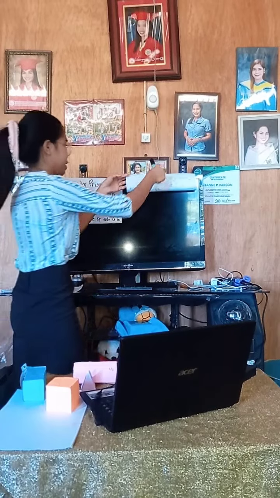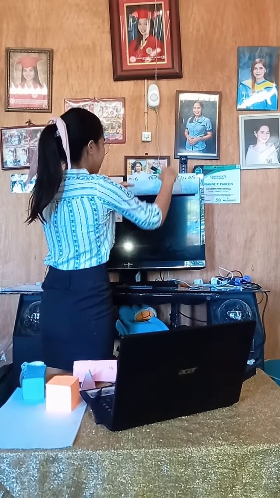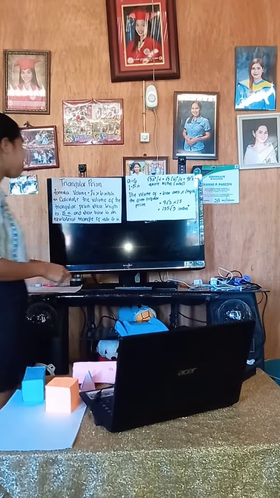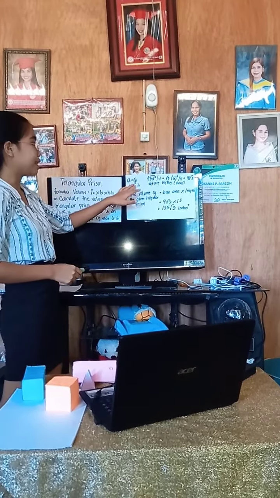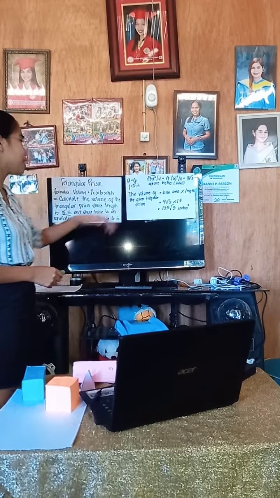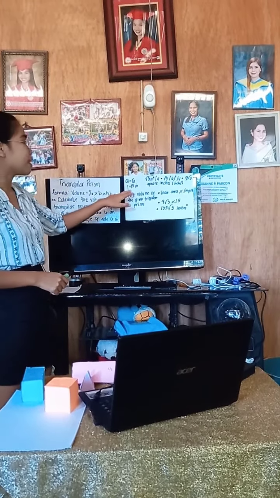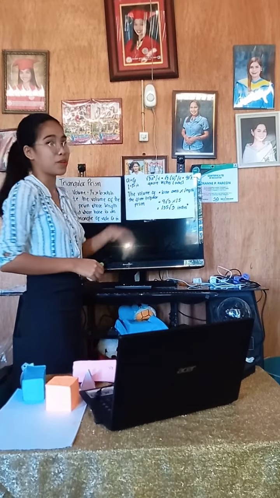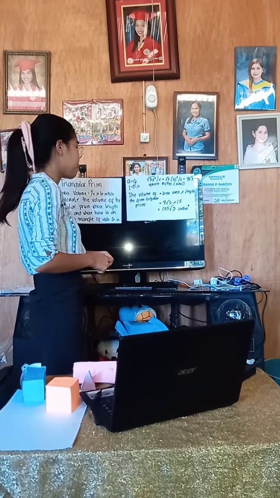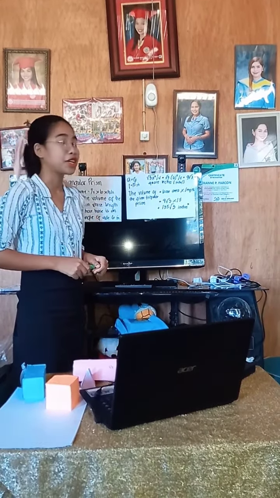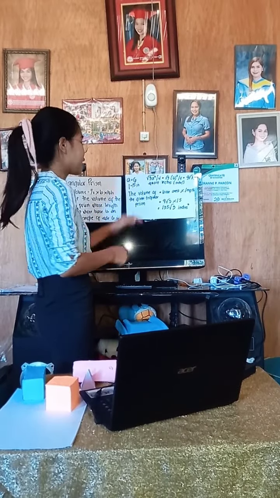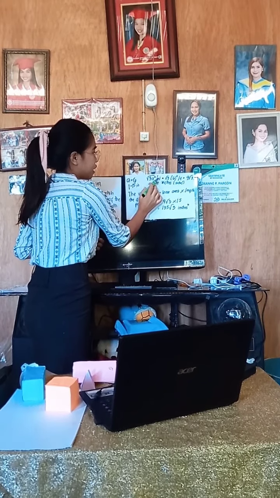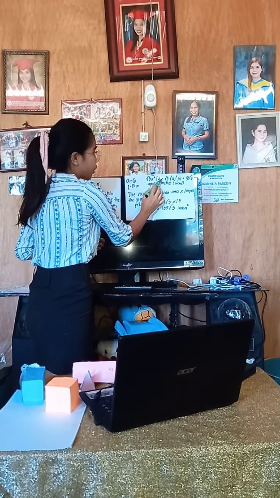So here the solution is: for our a, we have 6 inches, and for the length, 15 inches. The formula to get the base area, or the area of the base, is square root of 3 a squared all over 4.